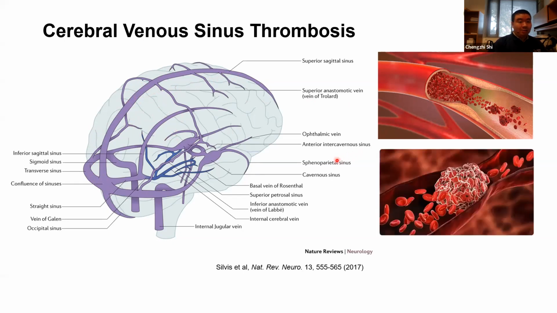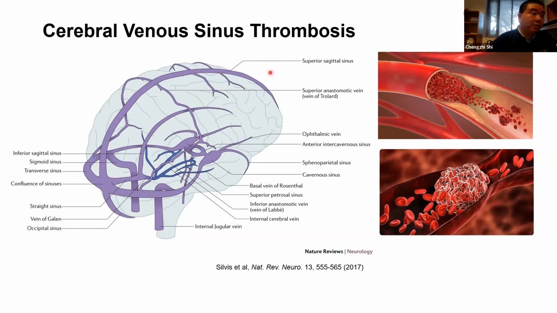Why is there blockage? It's usually because of some stimulation that the platelets are activated and form this fibrin structure that results in a cluster of red cells that clot the blood vessel here.